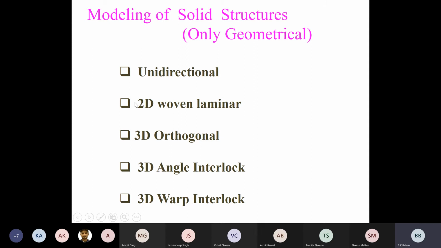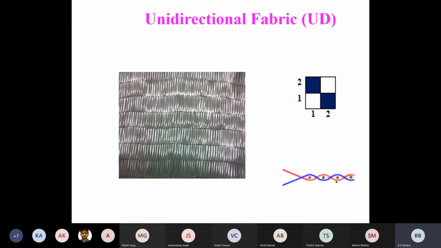All the fabrics you have come across so far are 2D woven fabrics, which have a warp and weft. In this fabric there is only one yarn. Then the 3D fabrics, of which we just now discussed all the 3 different types: 3D orthogonal, 3D angle interlock, 3D warp interlock. So I will show you structurally how these 5 are different. You can make them out.